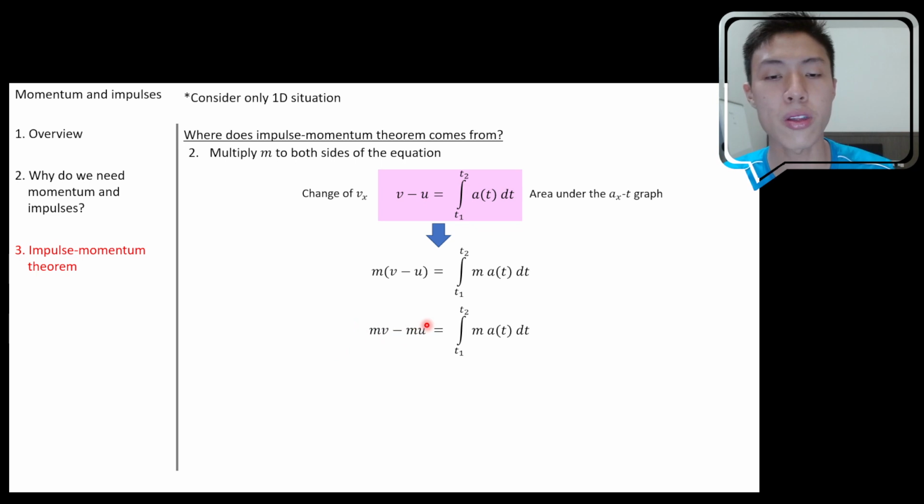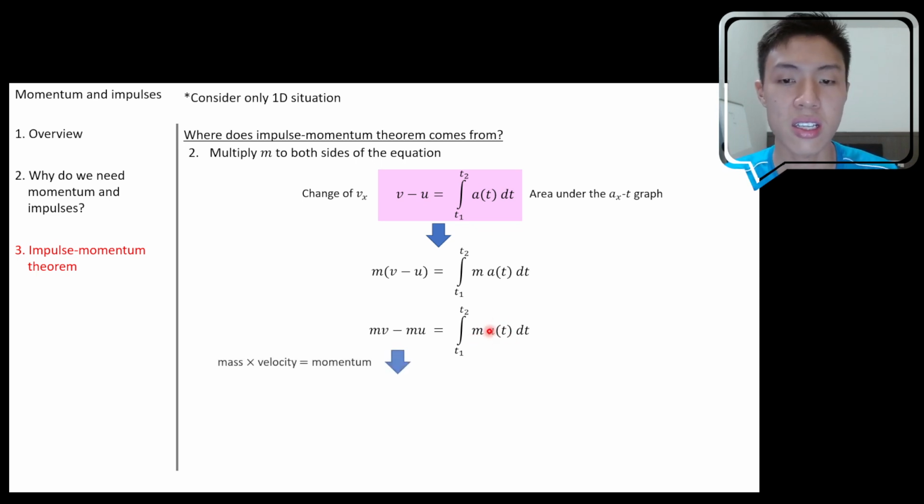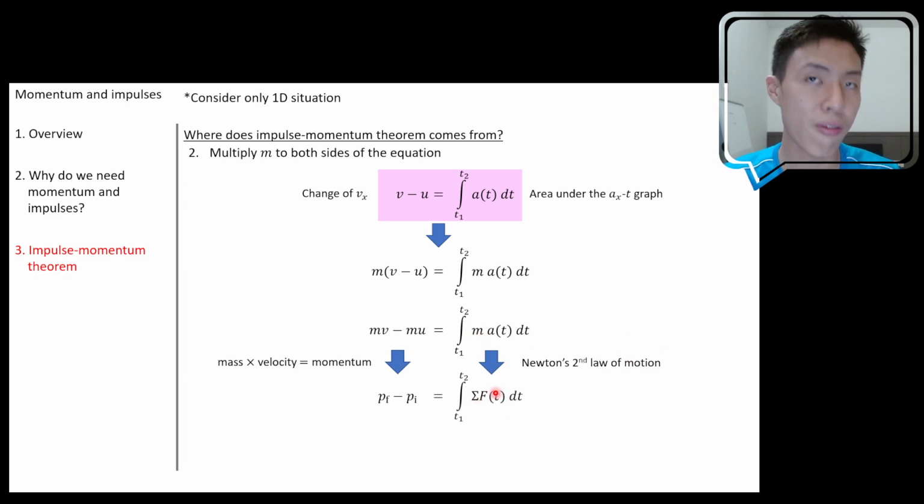Let's look at the right-hand side. We know that m multiplied by a is what you learned from Newton's second law to be the net force. So this is p final minus p initial, whereas on the right-hand side, ma can be changed to become the net force.